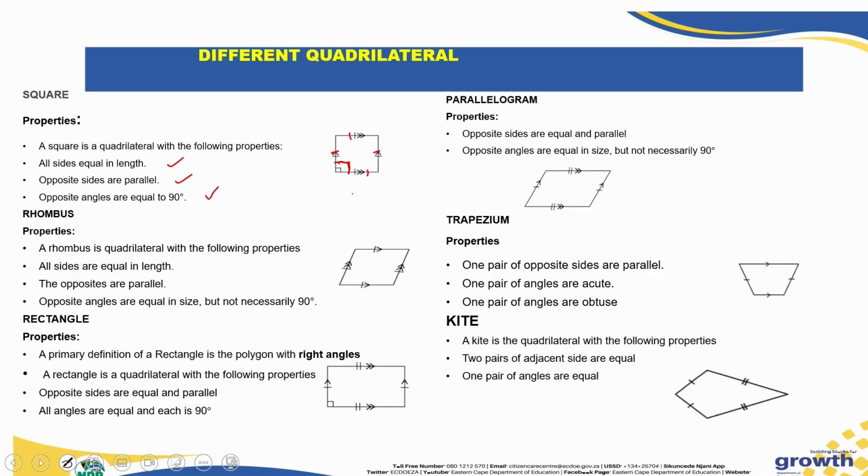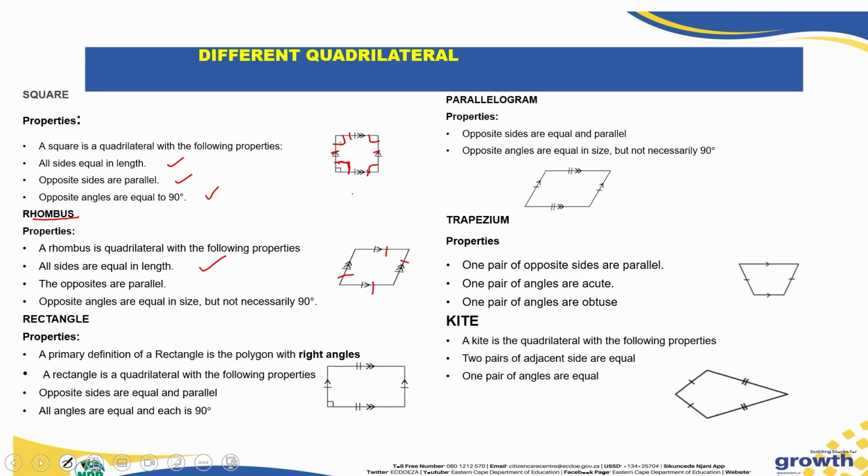Therefore, a square has all its angles being 90 degrees, which is one of the properties of the square. Now, the other one is a rhombus. What makes a rhombus different from a square? A rhombus has all its sides being equal. Therefore, it has one of the properties of a square.